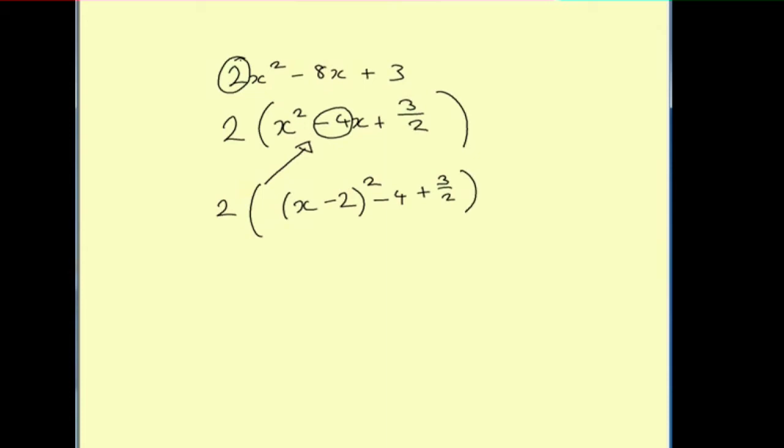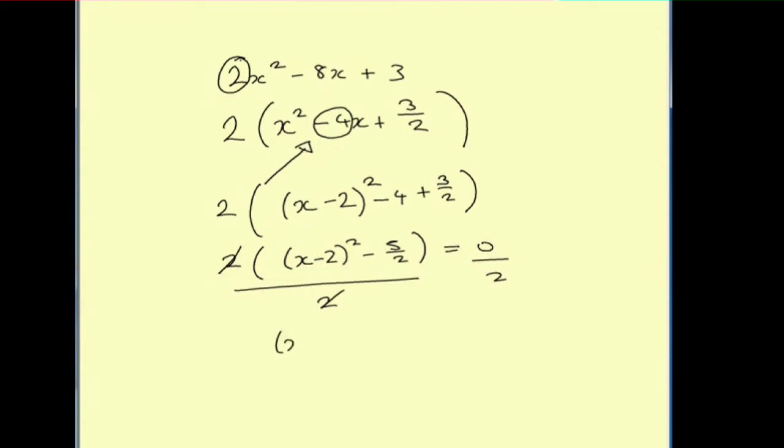So now what we need to do is tidy it up a little bit. So minus 4 plus 3 over 2 is minus 5 over 2, and we made that all equal to 0. And then what we need to do is we need to divide through by 2.